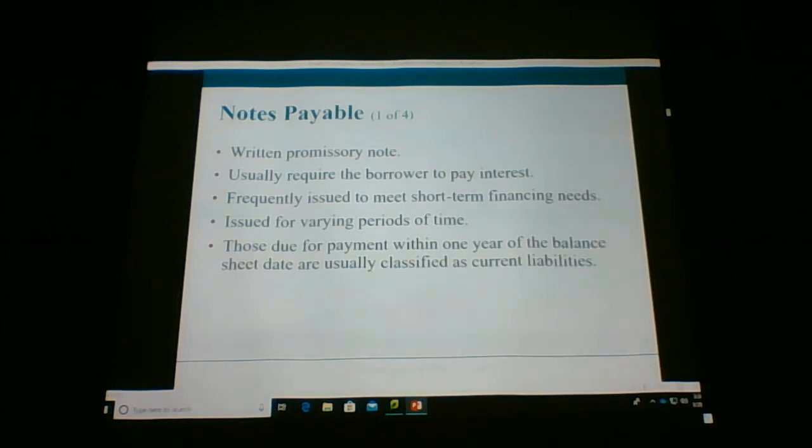Okay, so if we have a loan that we have taken out for, say, $2,000, and we did that in July, and that $2,000 has to be paid back in 9 months, well, that entire $2,000 note payable is going to show up in the current liability section of the balance sheet. Okay?